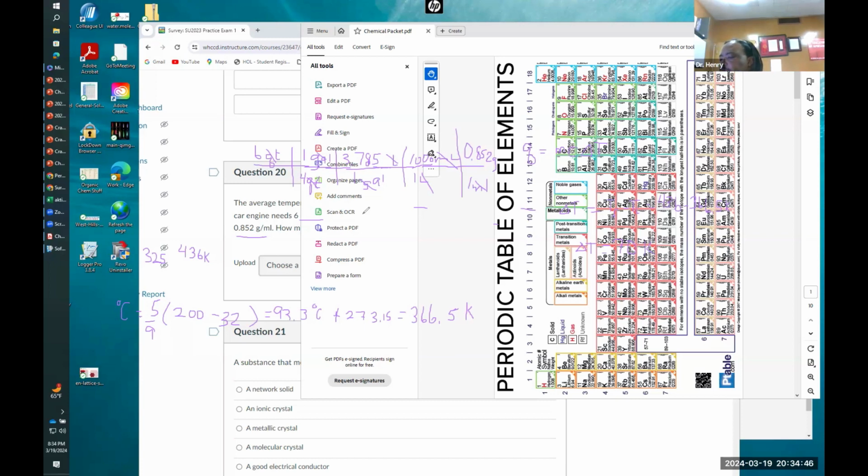So if we go ahead and multiply across and then divide by what's at the bottom, we have 6 times 3.785 times 1,000 times 0.852, and we're going to divide it by 4. That's 4,837.23.